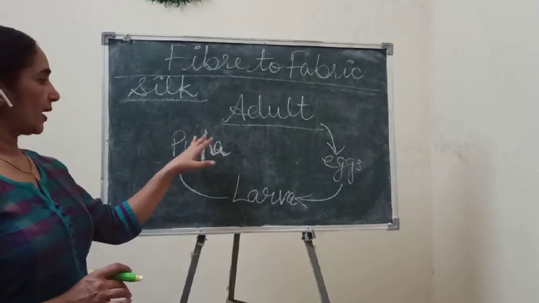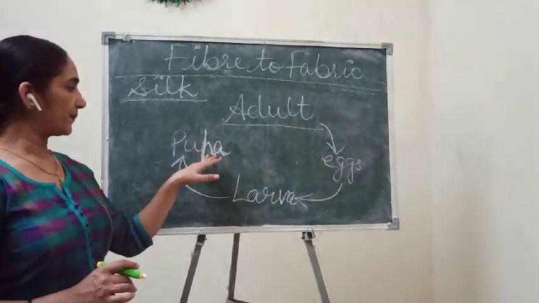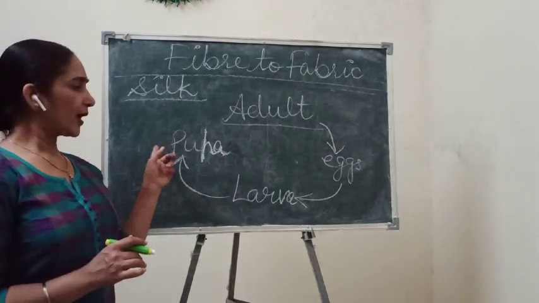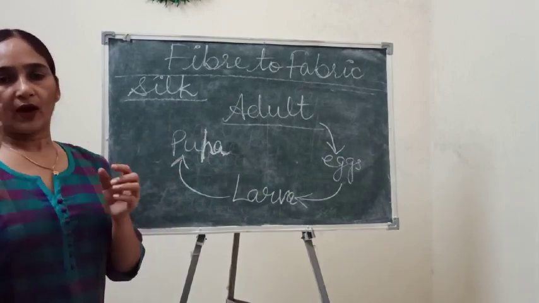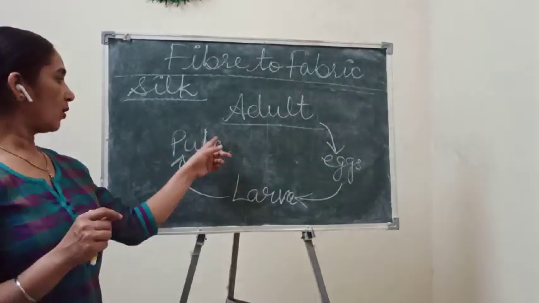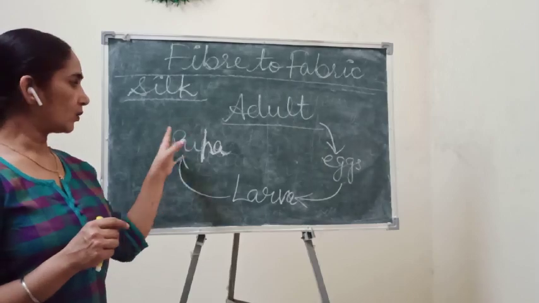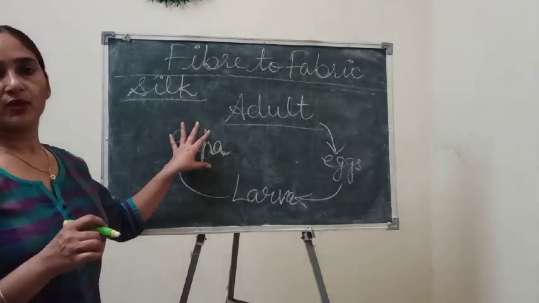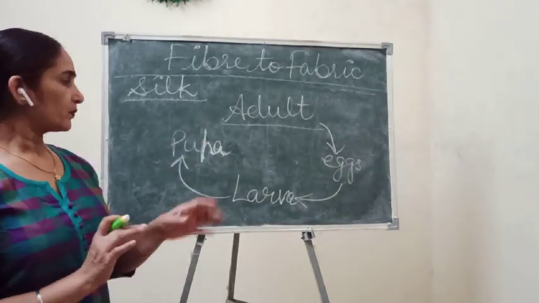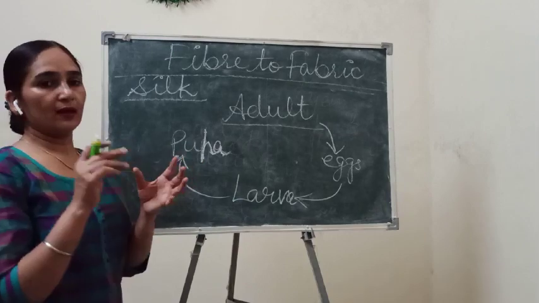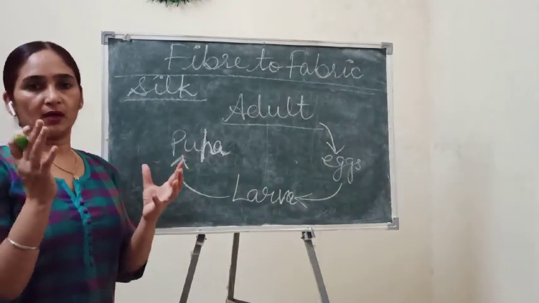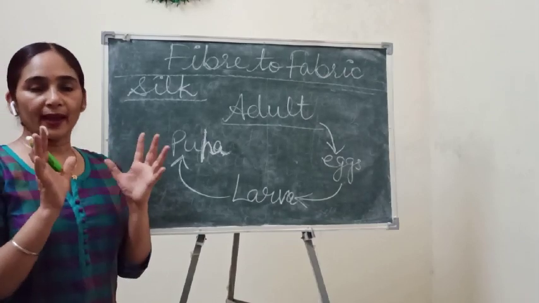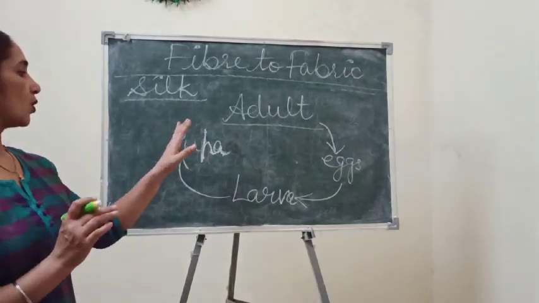In this stage the silk moth wraps so much fiber-like material around the pupa for its protection, and it lives in this stage for a few weeks. This silky fibrous material wrapped around it is called cocoon.